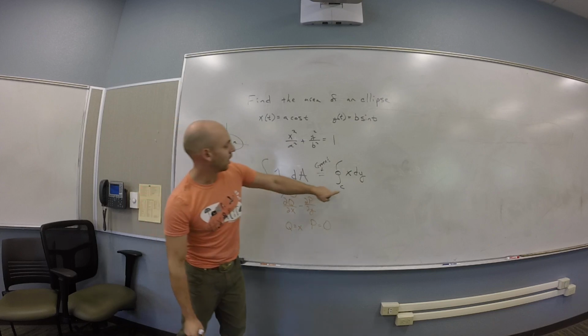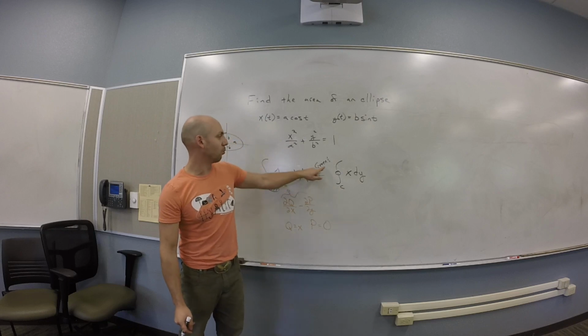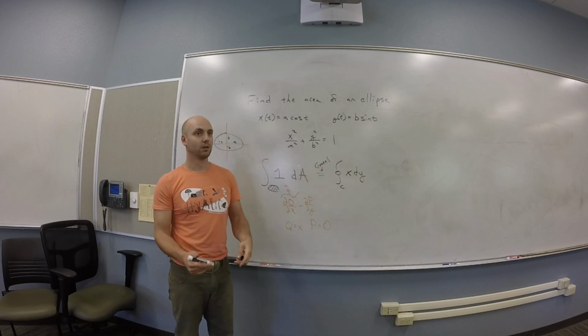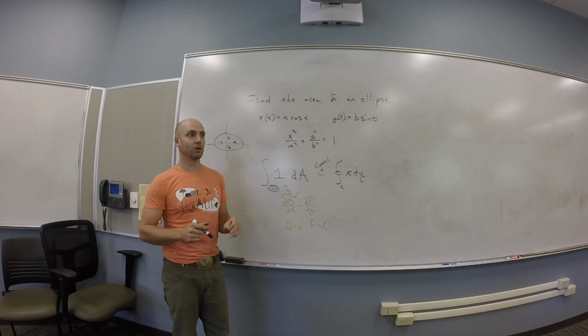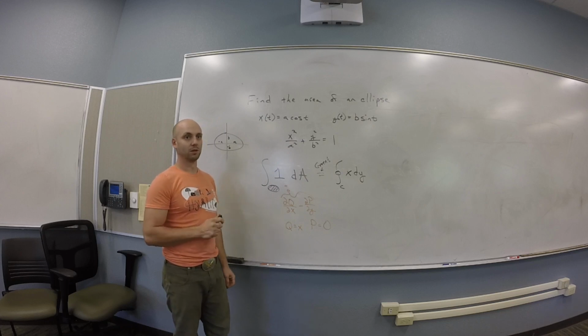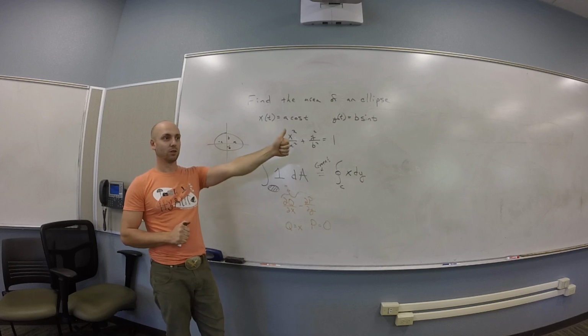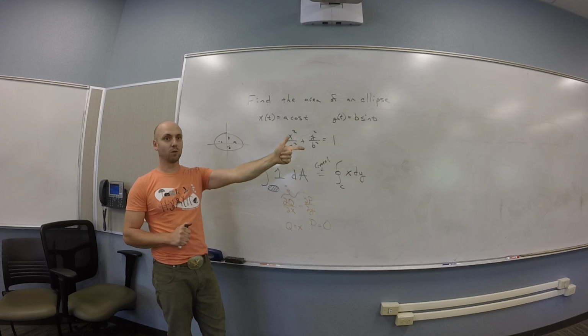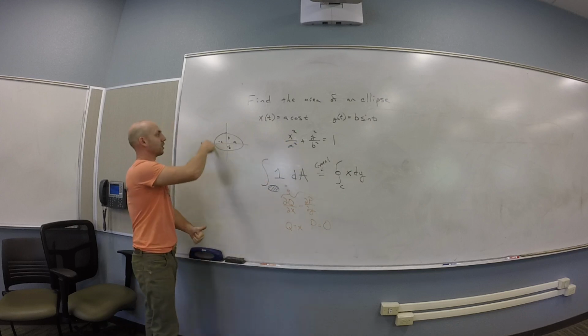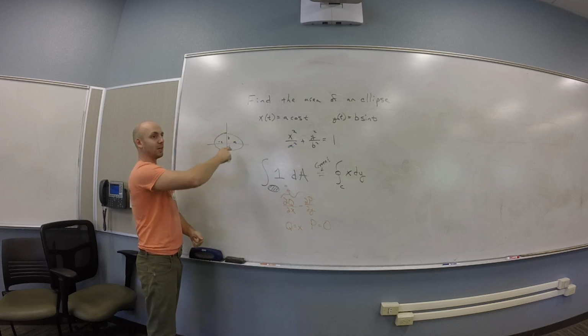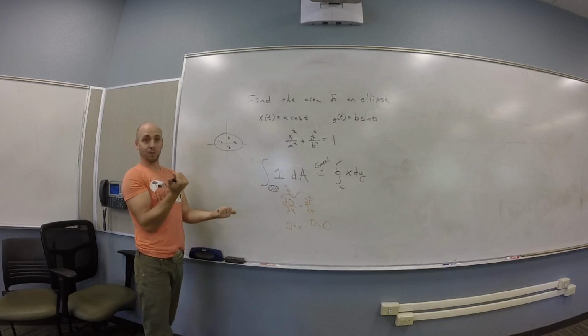So I think I need to get a C that's going to work with Green's, right? So what do you need about your curve in Green's theorem? You need it to be piecewise smooth, counterclockwise oriented. So I'm looking at this thing, and I'm thinking, okay, it's definitely piecewise smooth.